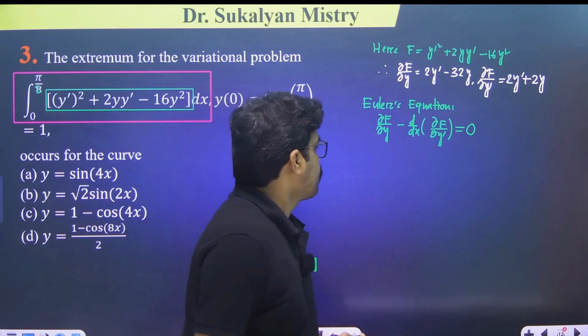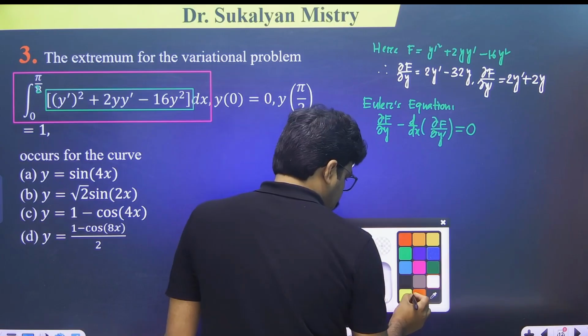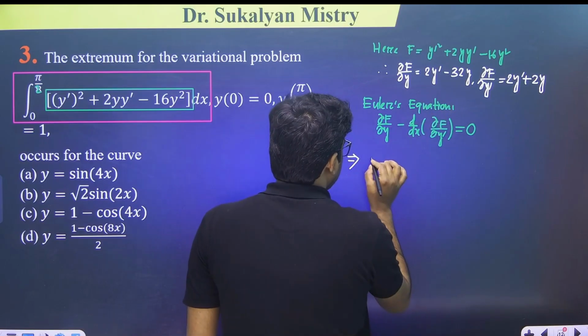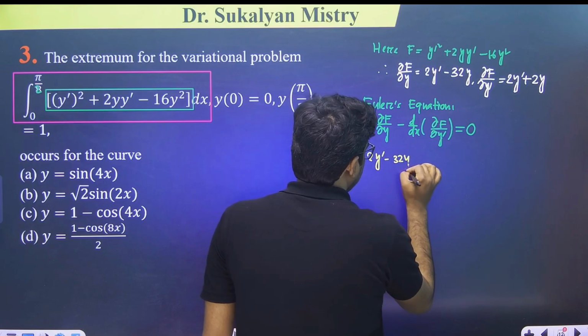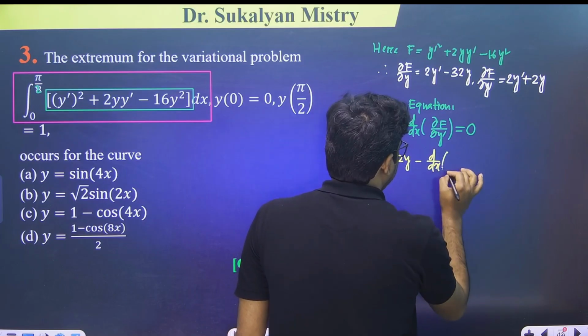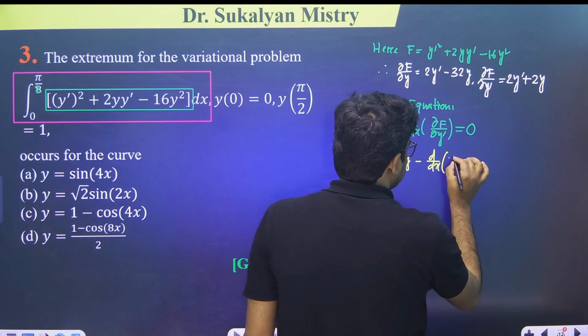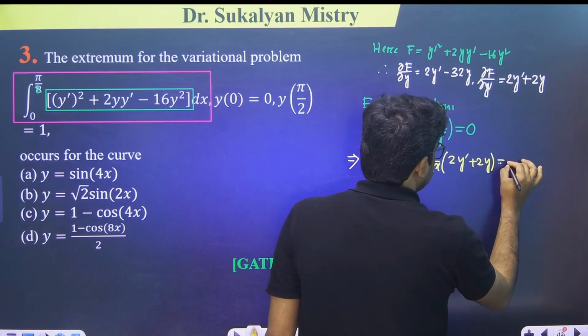So this implies that ∂f/∂y, which is 2y' minus 32y, minus d/dx of ∂f/∂y', that is 2y' plus 2y, is equal to 0.